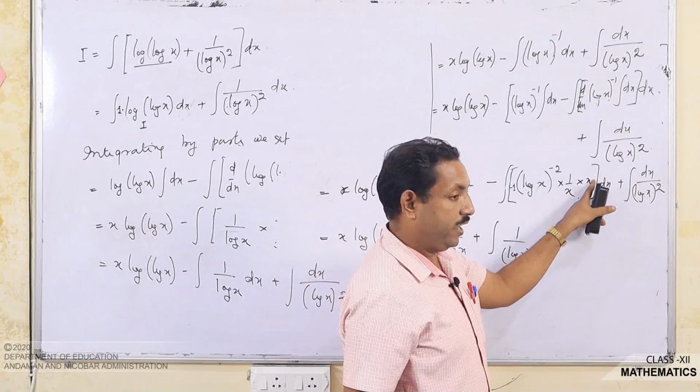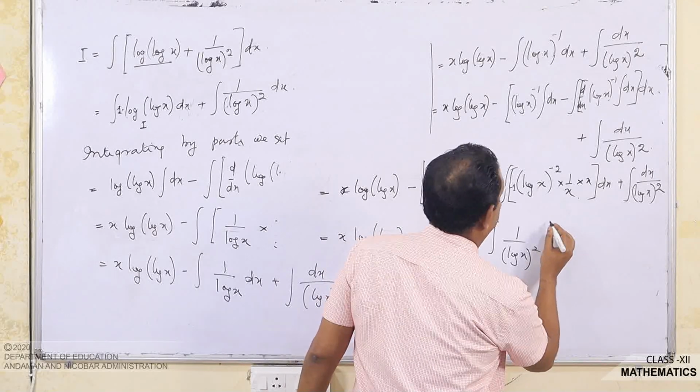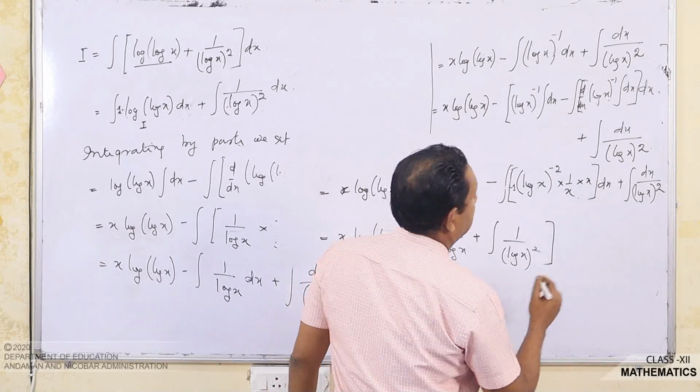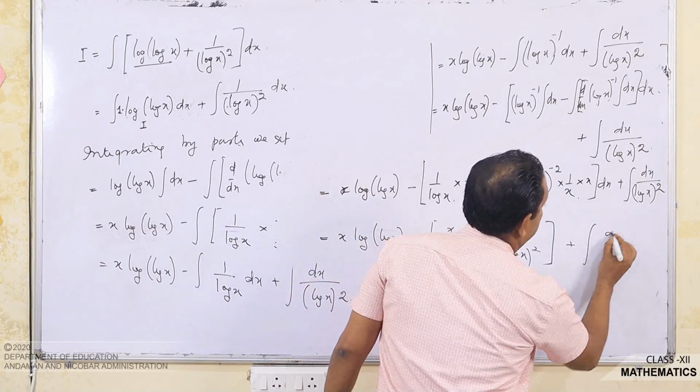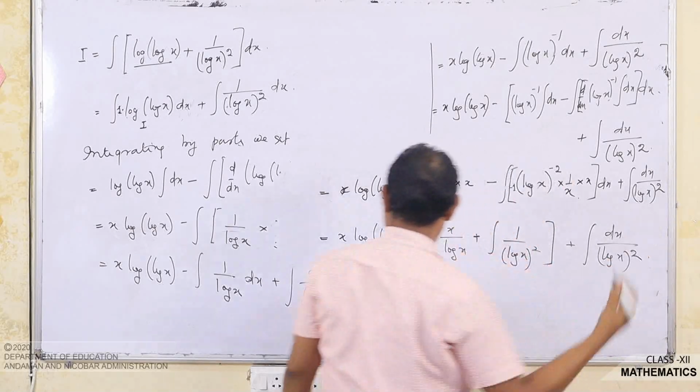This x will cancel, and our bracket is closed here I think, and this plus integration of dx upon (log x) the whole square.